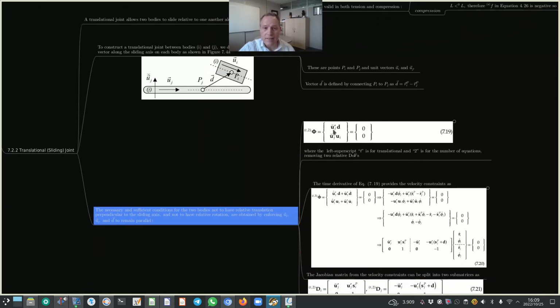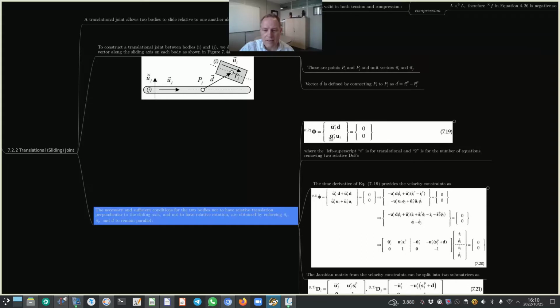Okay, so two vectors that remain parallel implies that their vector product is 0. Okay, so this uj rotated transpose multiplied by d is just a formulation of the vector product between vectors uj and d. Okay, and that must be 0.